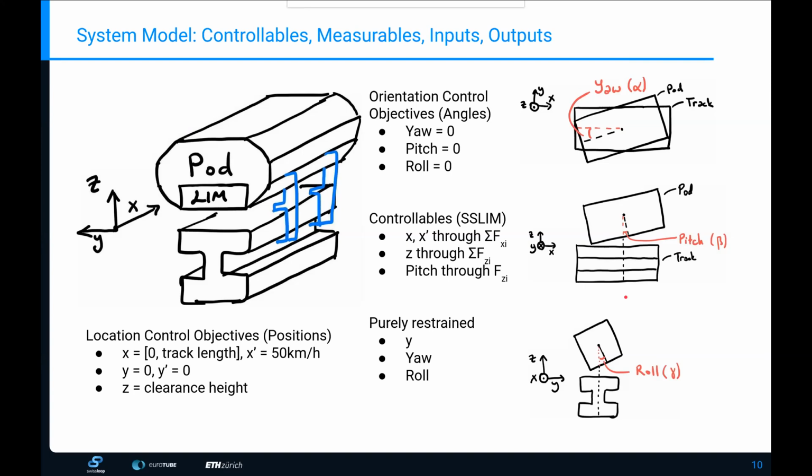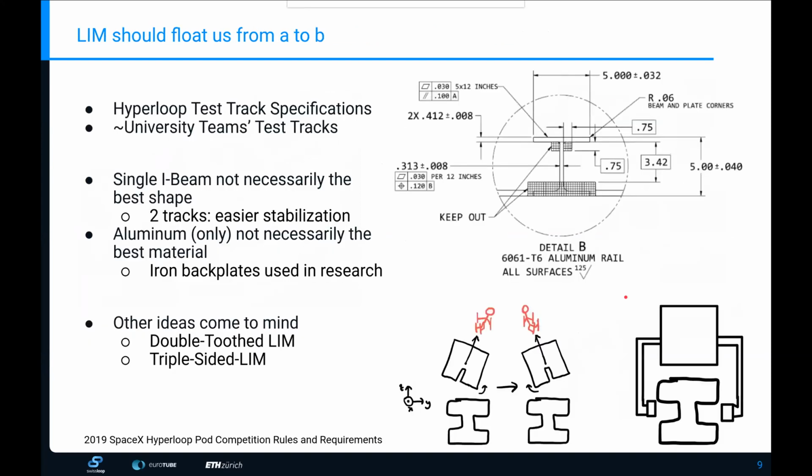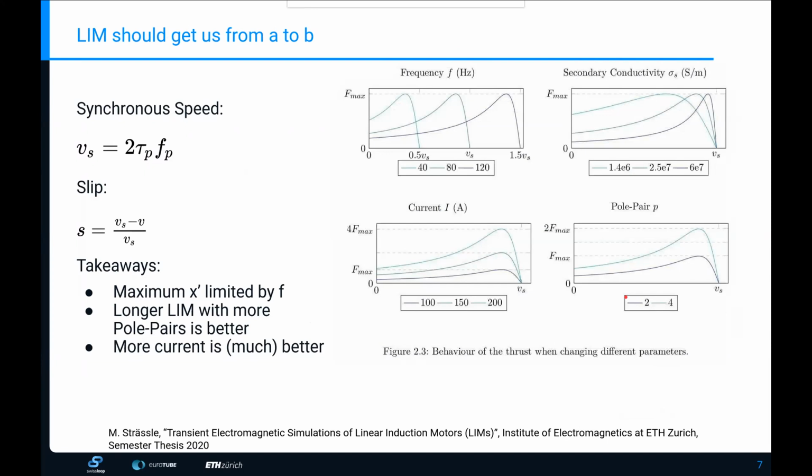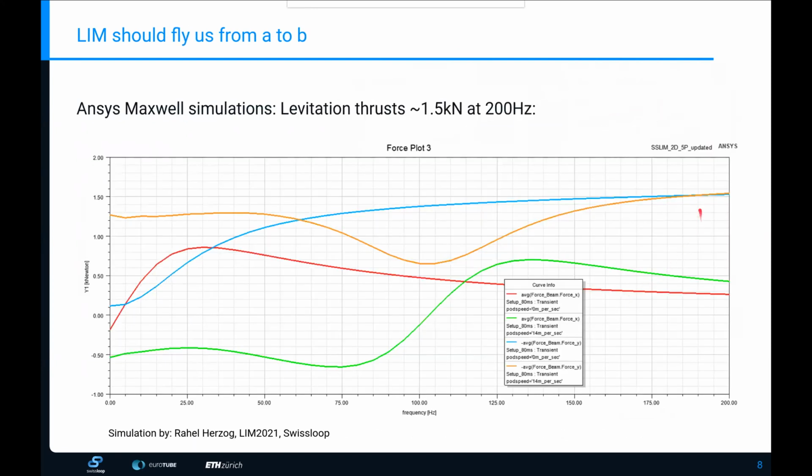Also, as you have seen from this slide, the propulsion force and the levitation force are coupled at each frequency value. And you also see that the maximum of the propulsion force and the maximum of the levitation force don't really like to be at the same place. So that's also a challenge.